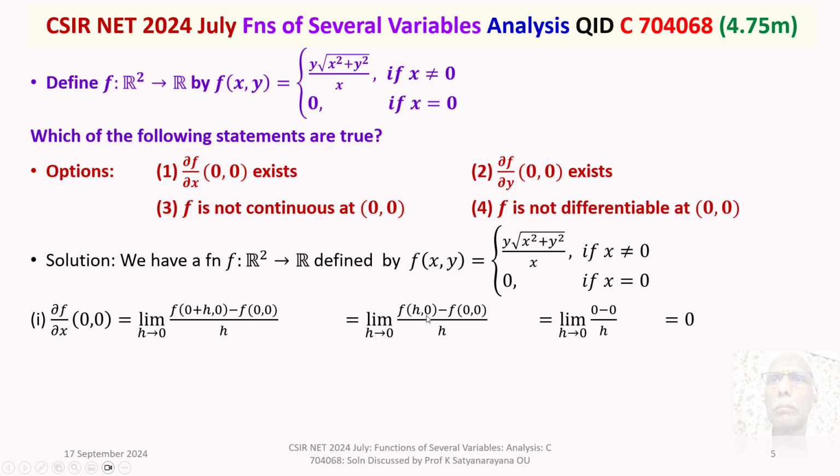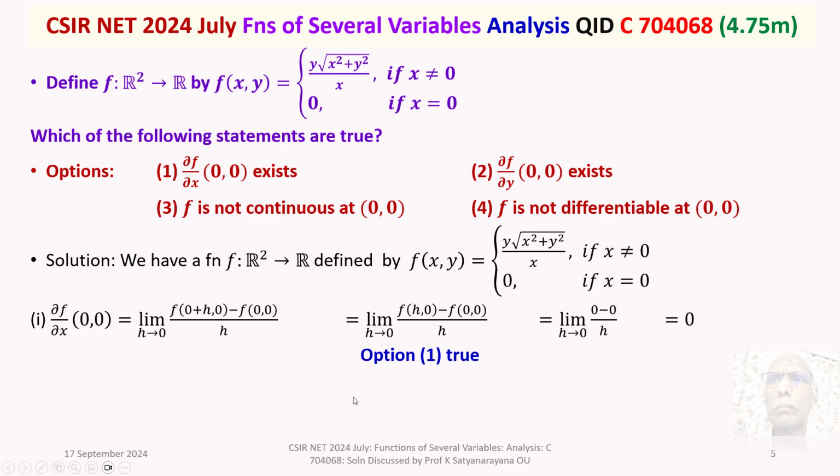Now, when y is 0, f of h comma 0 will be 0, and f of 0 comma 0 is 0, so 0 by h as h tends to 0 is 0. Thus the partial derivative of f with respect to x at the origin exists. Therefore, option 1 is true.